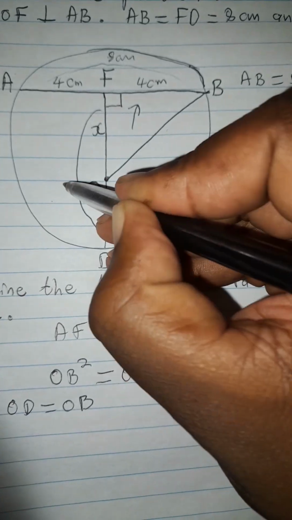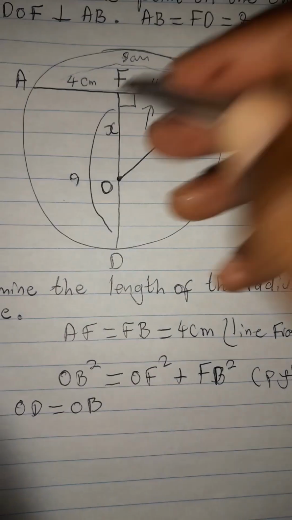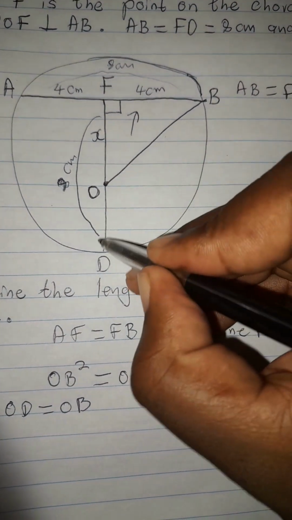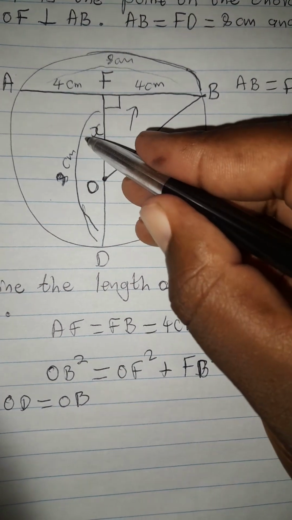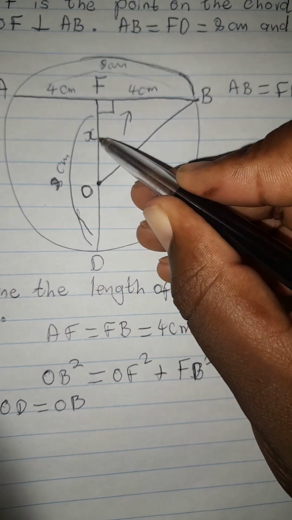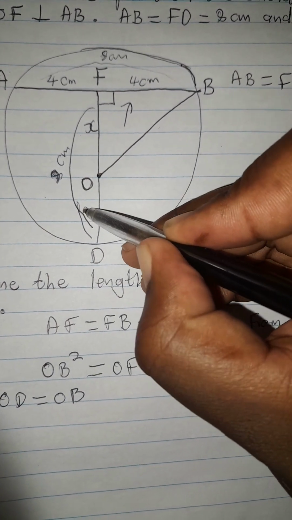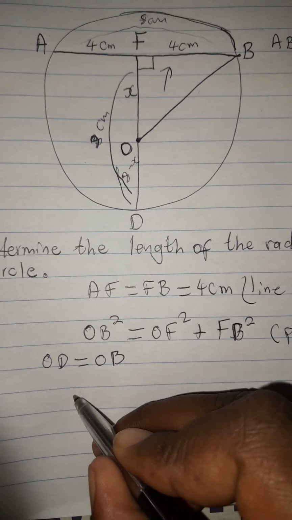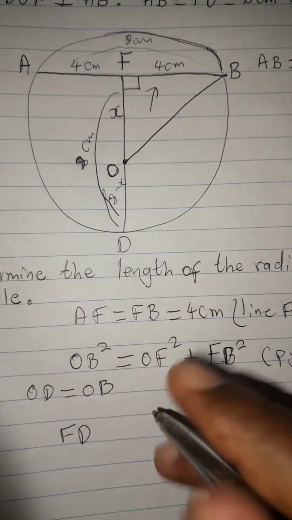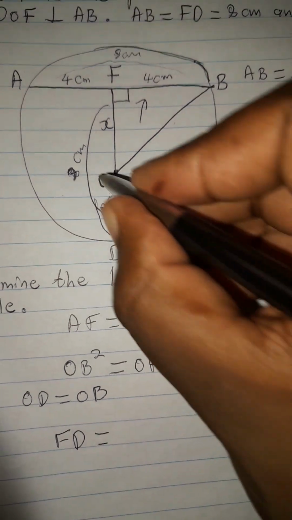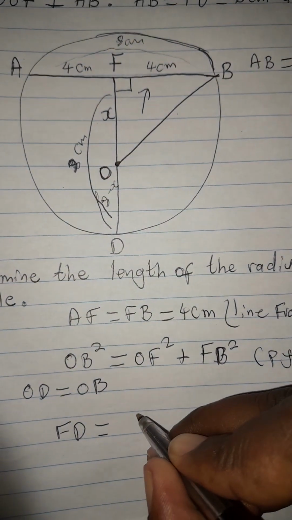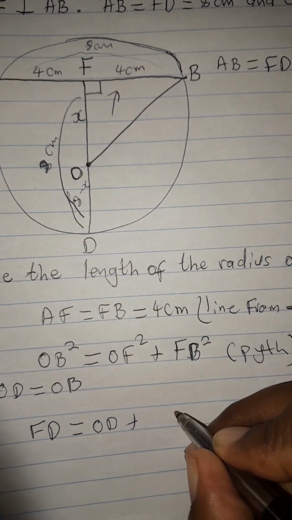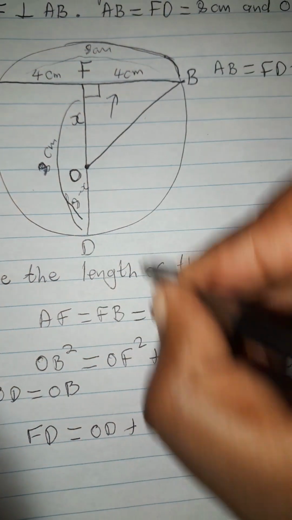We were told FD is 8 centimeters, so we can find OD by subtracting OF from FD. So we are going to have 8 minus x. Let me show you how I came up with 8 minus x. FD is made up of OD and FO.